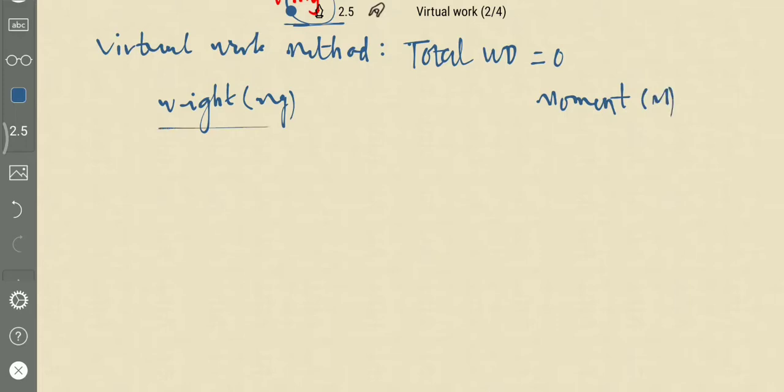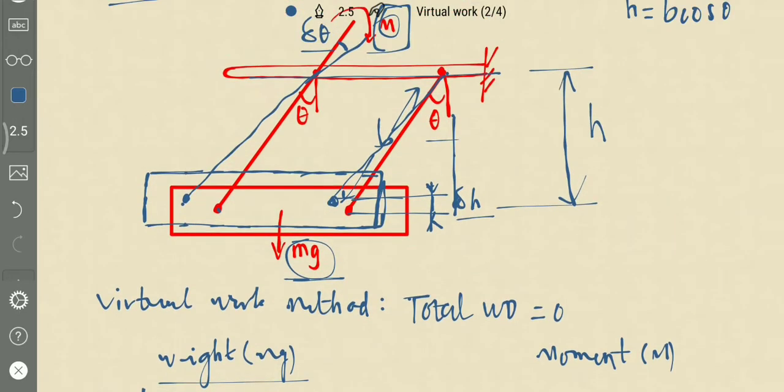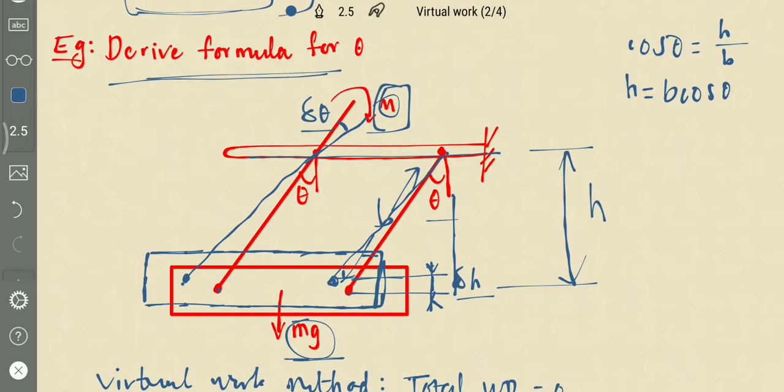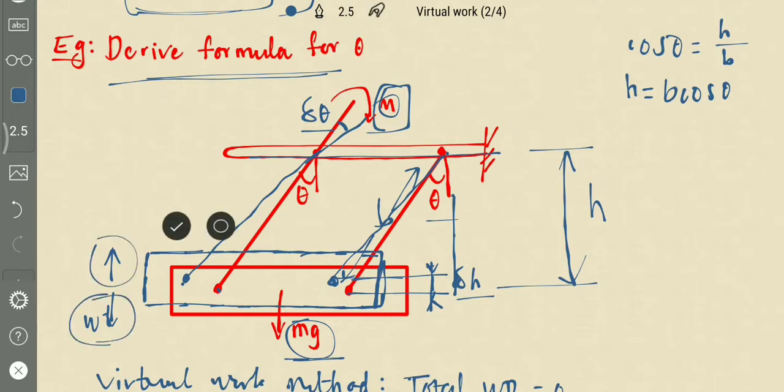So what is the virtual work done by mg? From this figure we can see that by applying the moment, the body is lifted upwards, but the weight is acting downwards. Weight is acting downwards and the body is moving upwards, which means the force and the direction of motion of this body are opposite in direction.